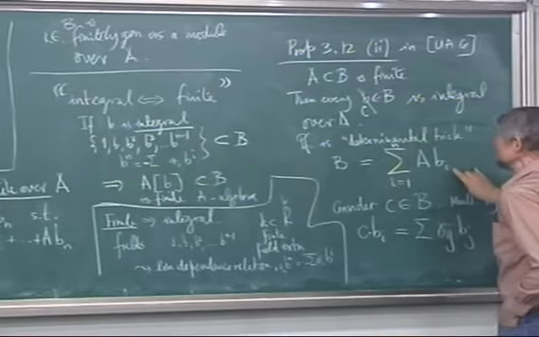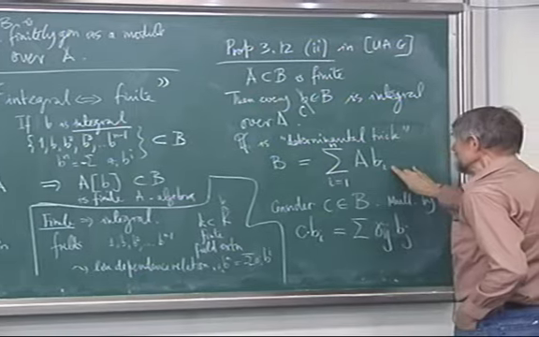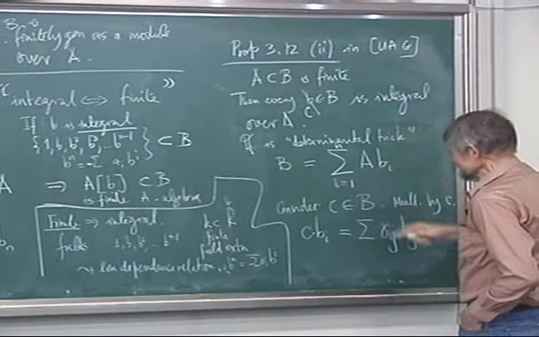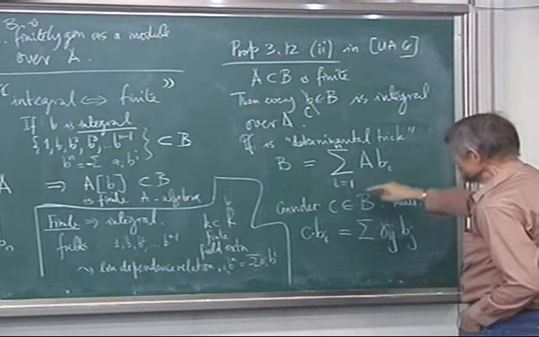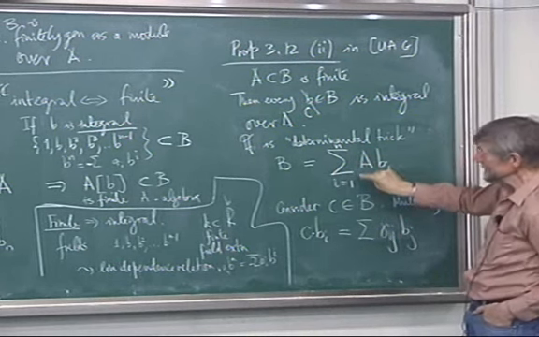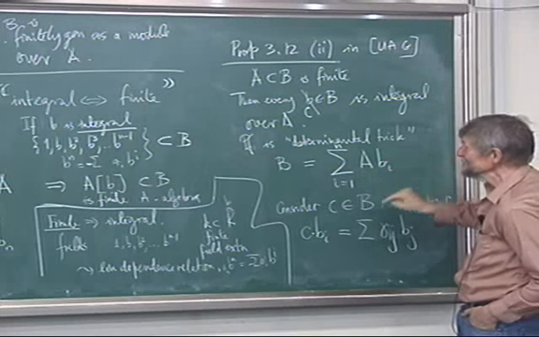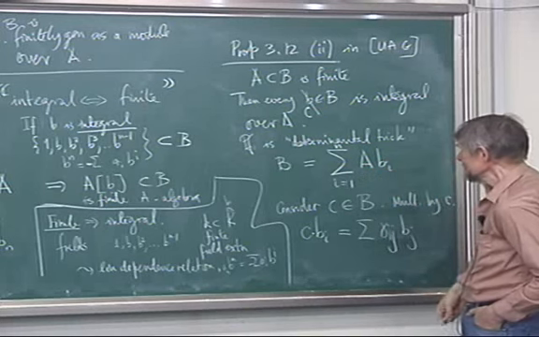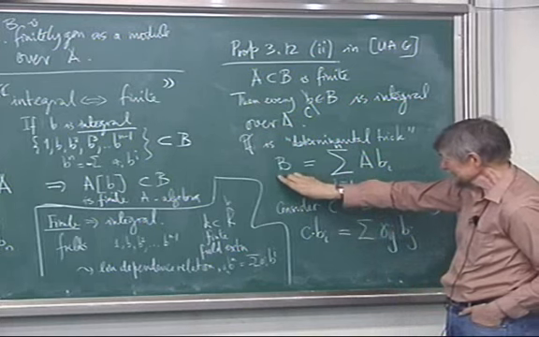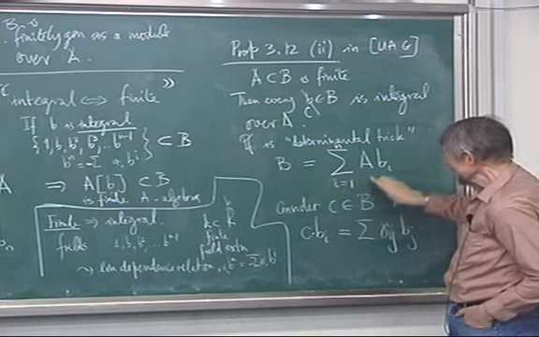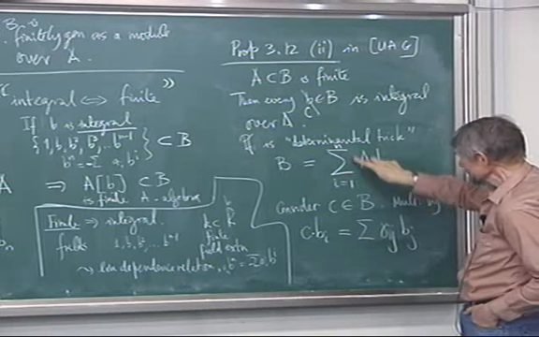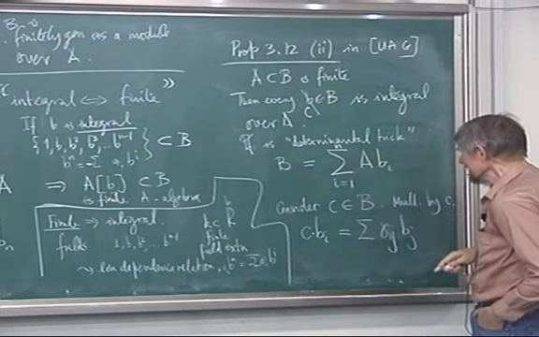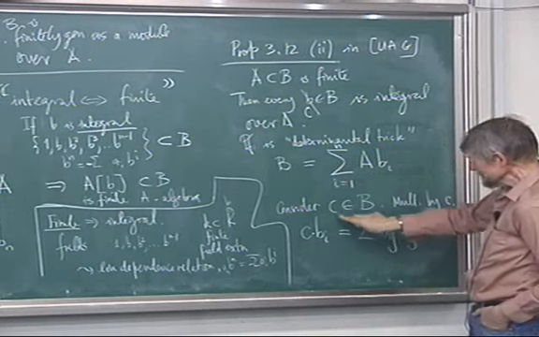So I'm looking at this, and this is something that happens again and again in commutative algebra. I've got some problem in algebra, and what we're doing is reducing it to linear algebra. So I'm assuming here that this B is made up of linear combinations of the b_i, with multiplications by elements in A. And I want to prove something about c.